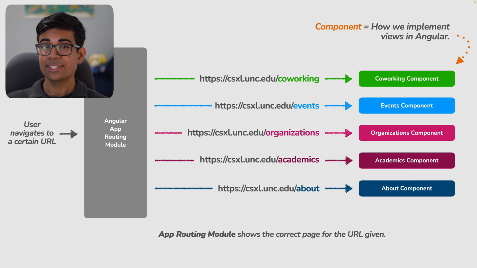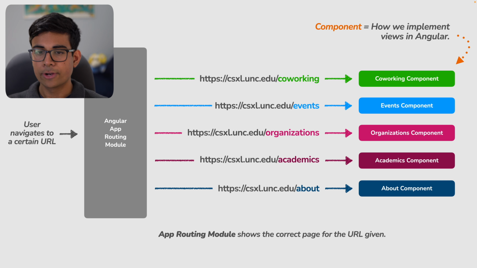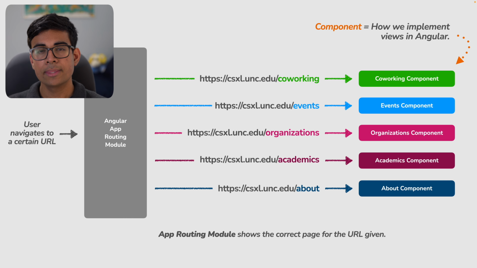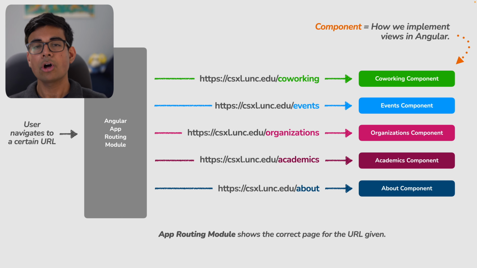And then each of these components has a route that is associated with it. For example, we again have the csxl.unc.edu/coworking route, we have the events route, organizations route, and these are all pointing to these components. Then we have this tool called the Angular App Routing Module.